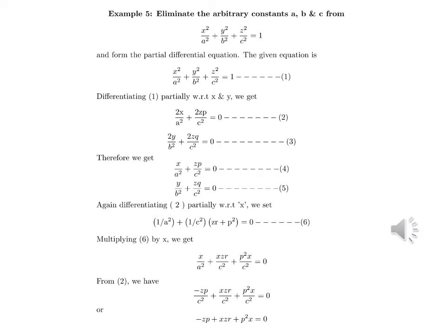So we do that: minus zp by c square plus xzr divided by c square plus p square x divided by c square. You can remove c square since the right hand side is 0, so we get minus zp plus xzr plus p square x is equal to 0.